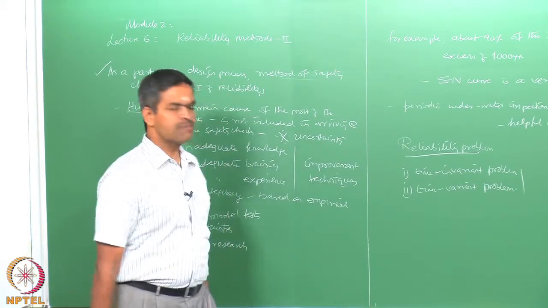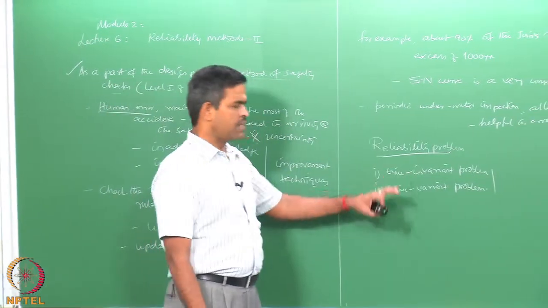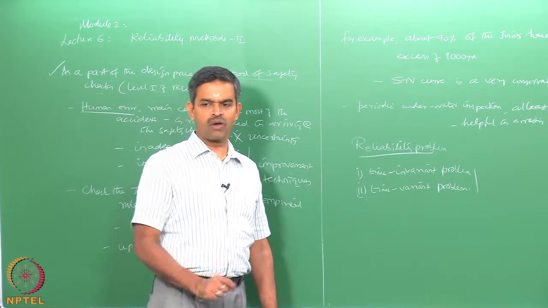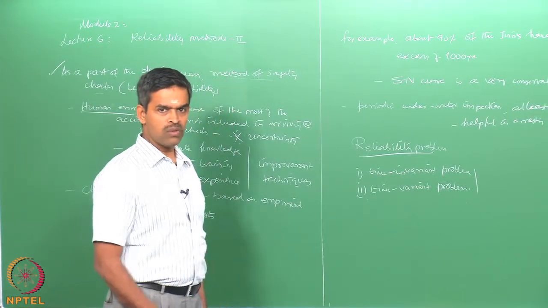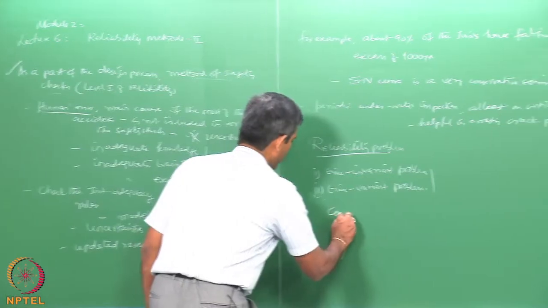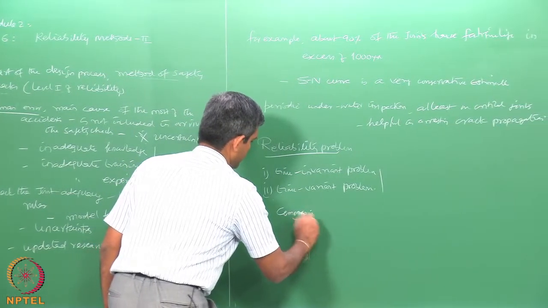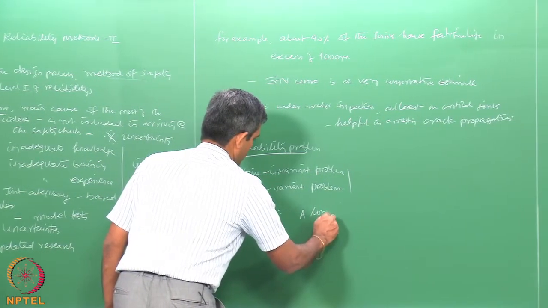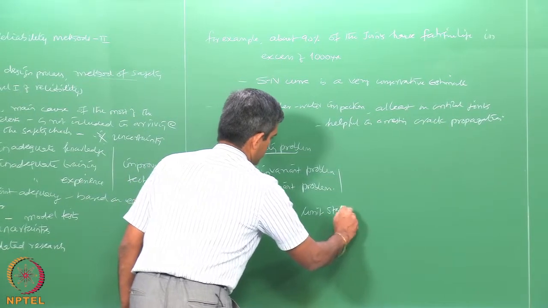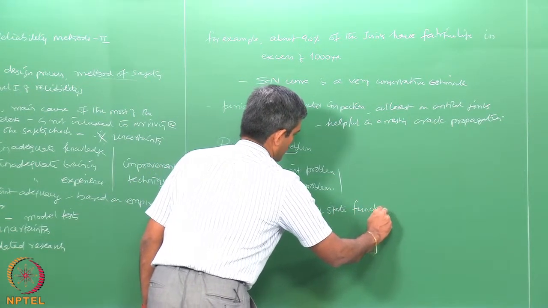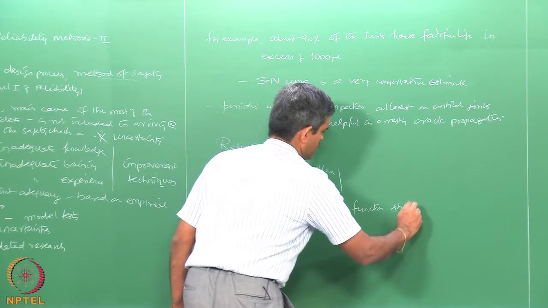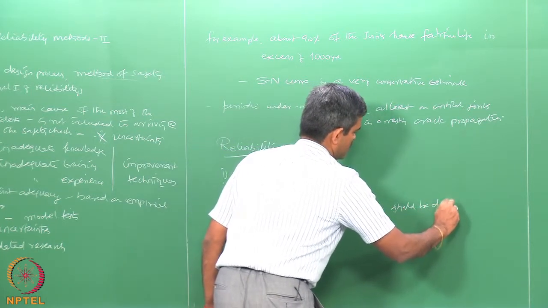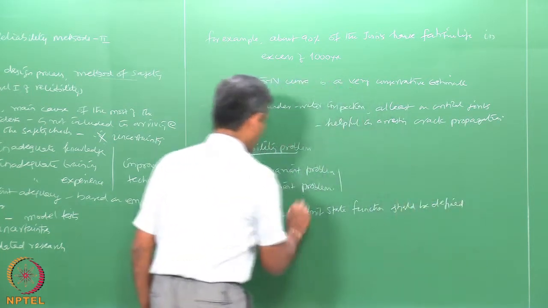What is the commonness between these two? We will see them independently, but let us quickly see the commonness between these two. In both, a limit state function should be defined. That is common.